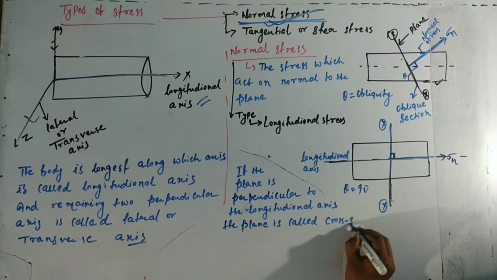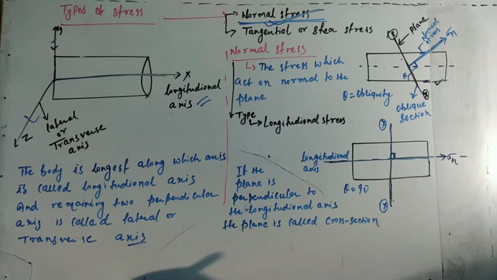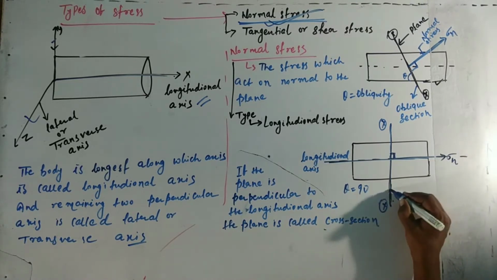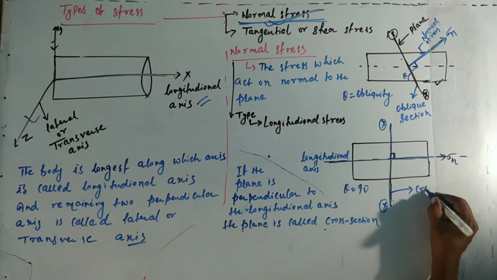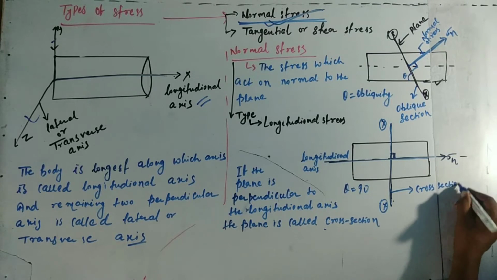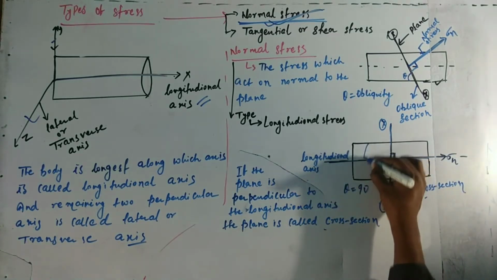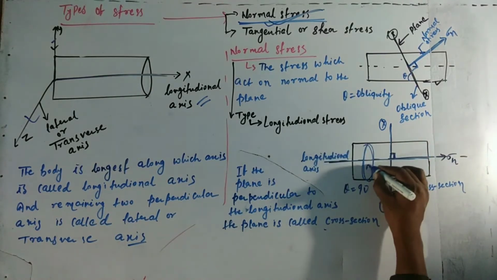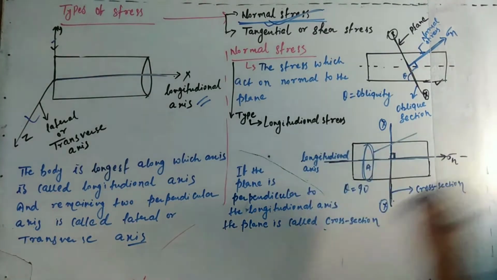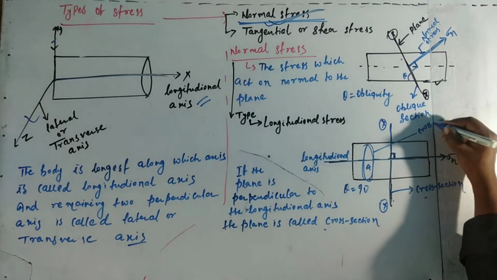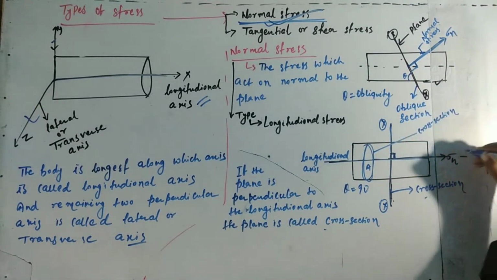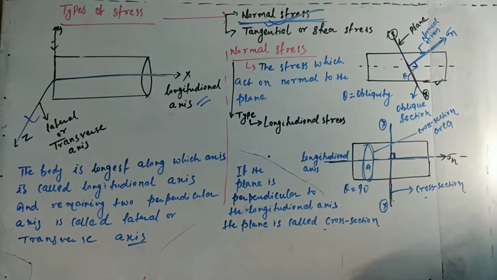And the area along that section, that is the area along the plane, is called the cross section area.